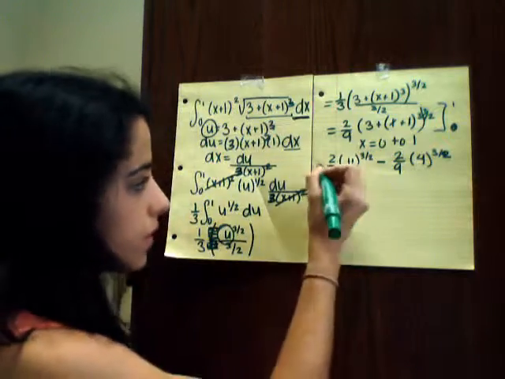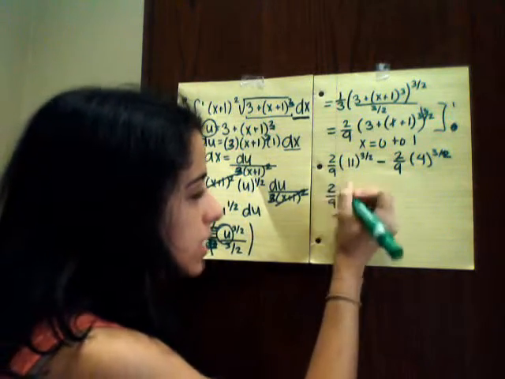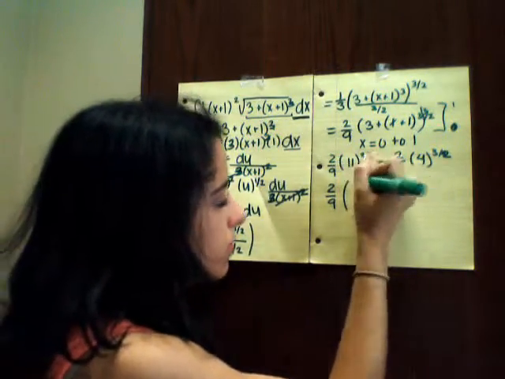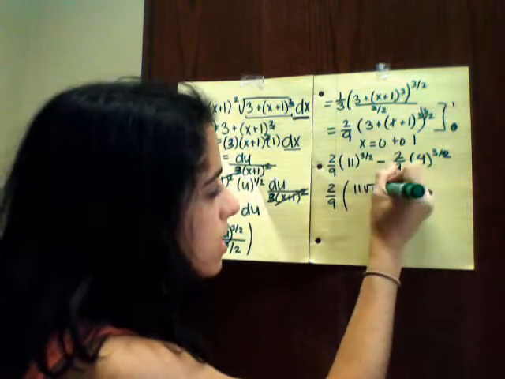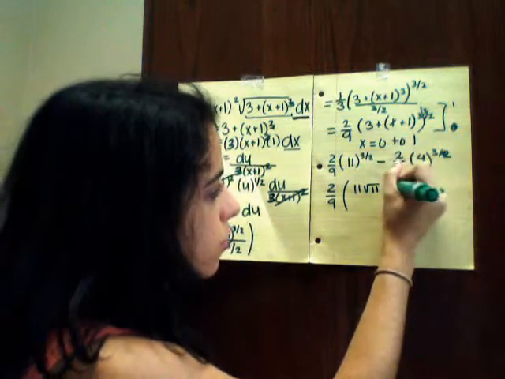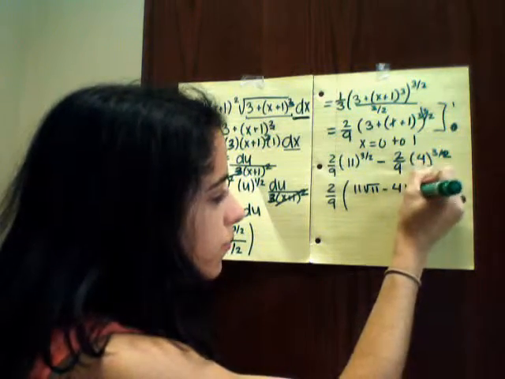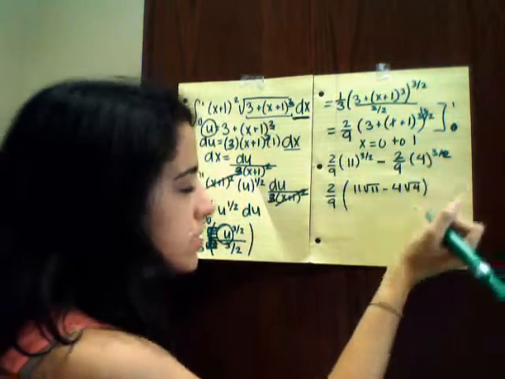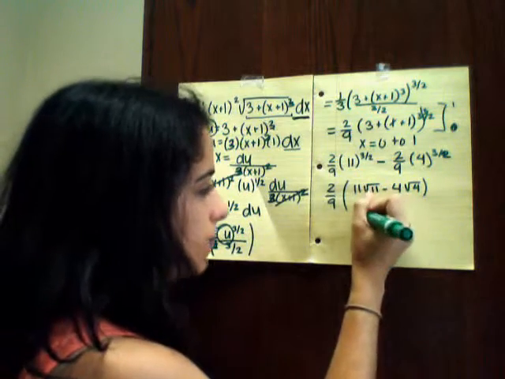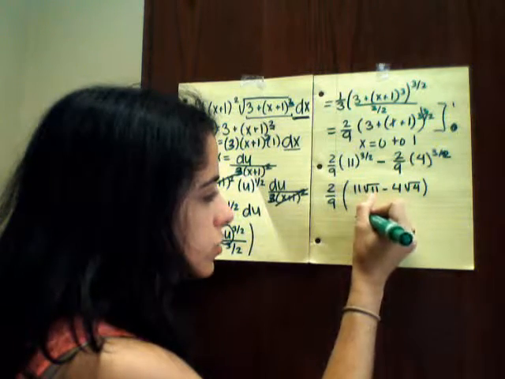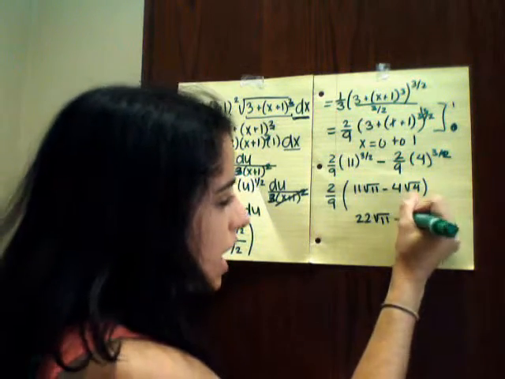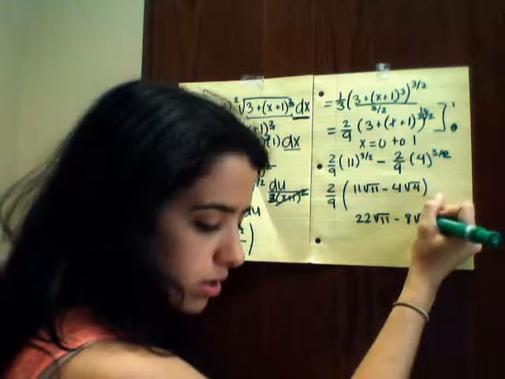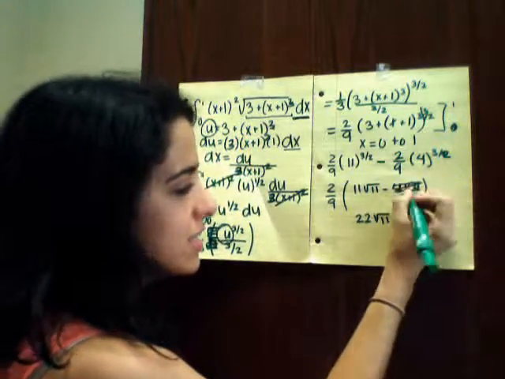2/9 times (square root of 11 cubed minus 4 to the 3/2), which we can simplify as 22 square root of 11 minus 8, oh, excuse me, this isn't 8.